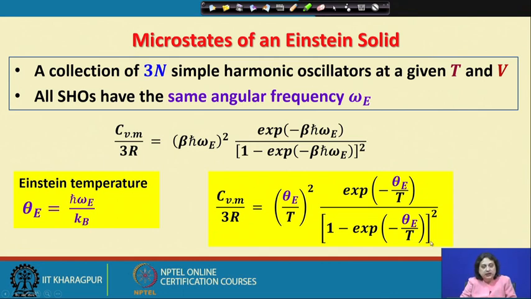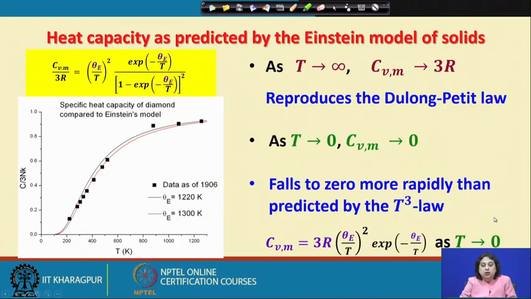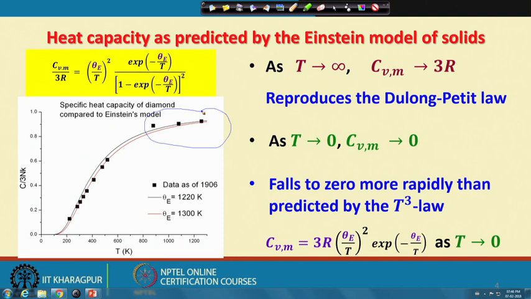So, the question was, this is an enormous triumph of the basic formulation, but does it work? So, one went back and compared the predictions of the Einstein model to the experimental data, and it was found that yes, the Einstein model, the very simple model of representing the solid as a collection of 3n simple harmonic oscillators, correctly gives you the high temperature behavior that Cv should become a constant as T tends to infinity.